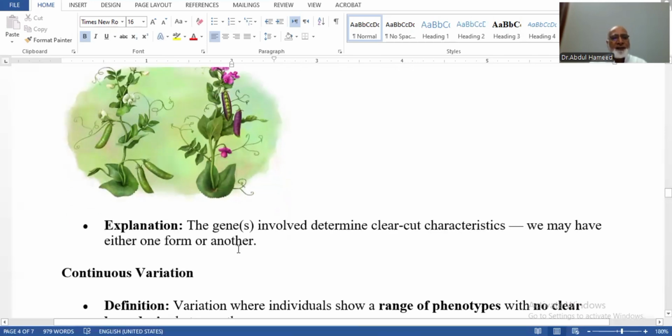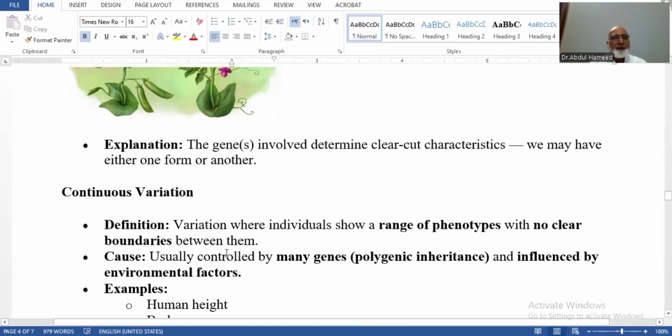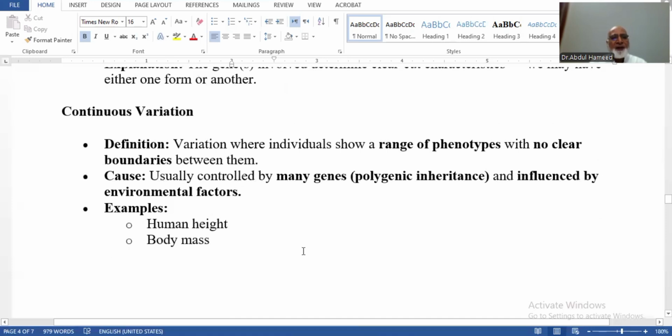So the explanation is that the genes involved determine clear-cut characteristics, we may have either one form or the other. In case of continuous variations, individuals show a range of phenotypes with no clear boundaries between them. So what are the causes?